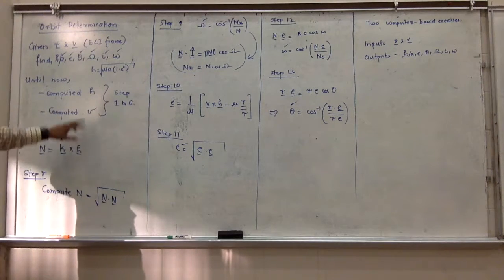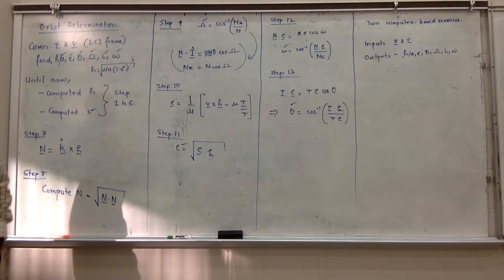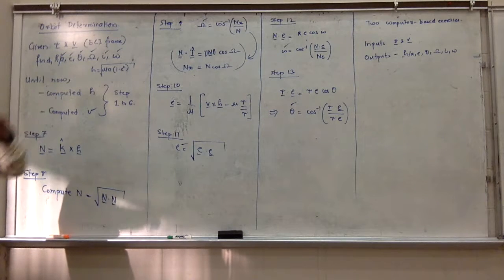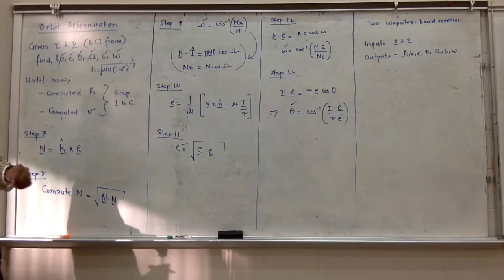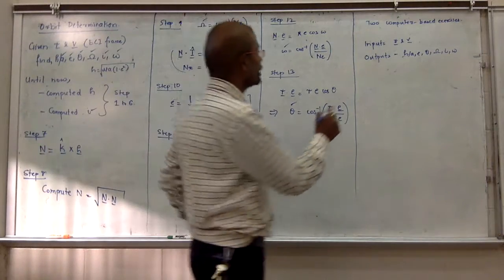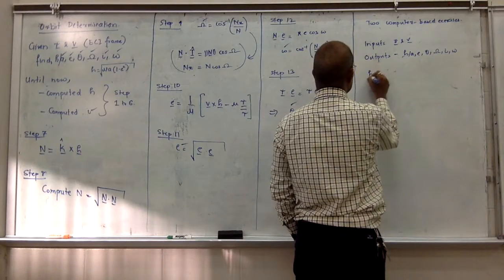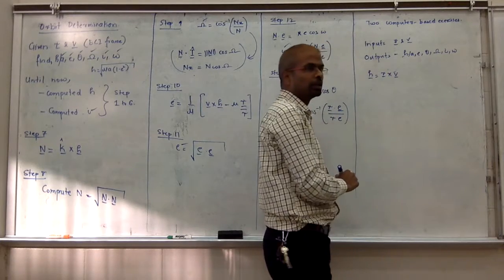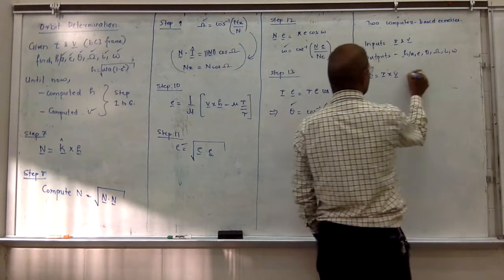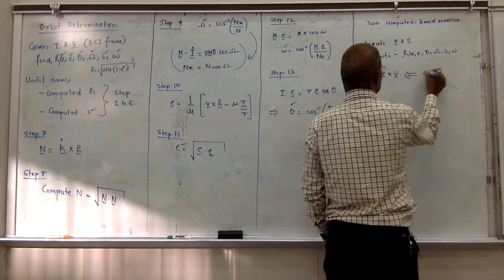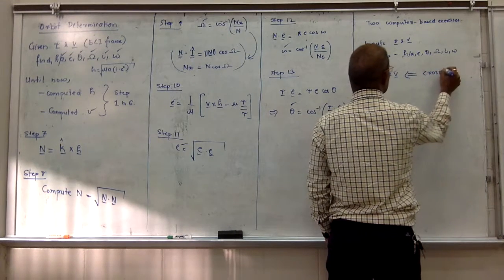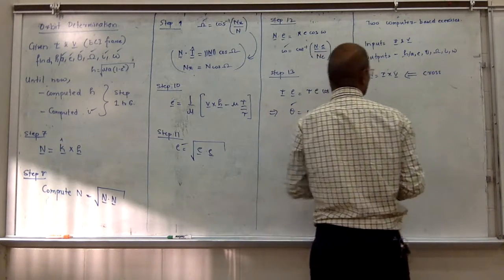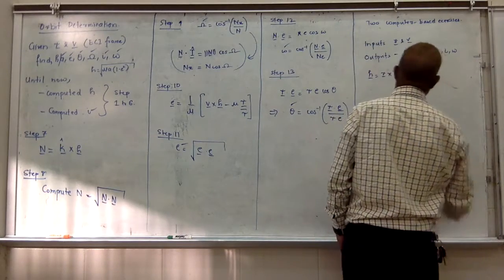For example, how would you compute H in MATLAB if you're given R and V? H is R cross V, and the MATLAB equivalent is cross. I'll write a simple line to show how simple it is.